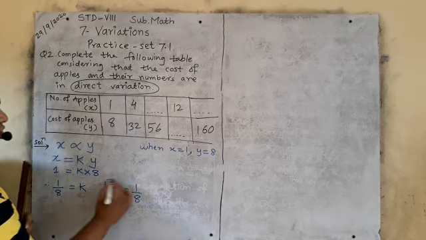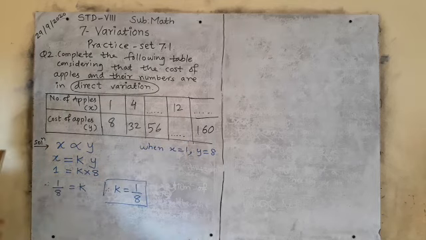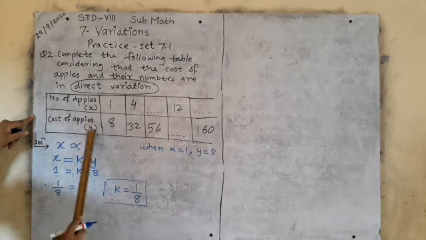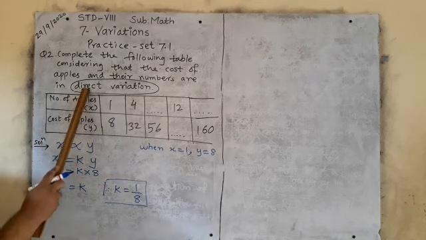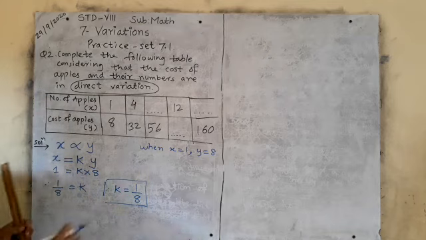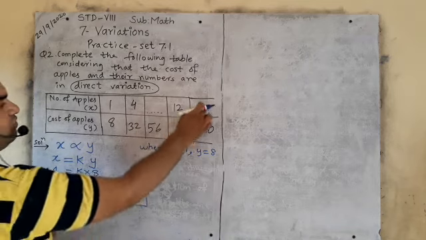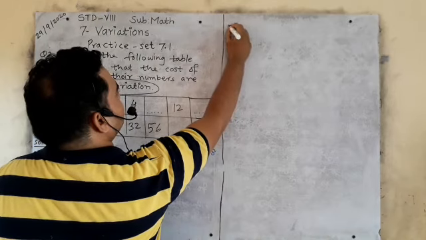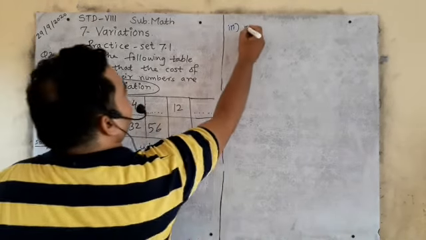Now we will use K value 1 upon 8 here, here and here. Okay. So this row belongs to X and this row belongs to Y. Is it clear? And they are having which relation? Direct. Okay. Now we will solve this one, third, fourth, fifth. Third, that is X we have to find.